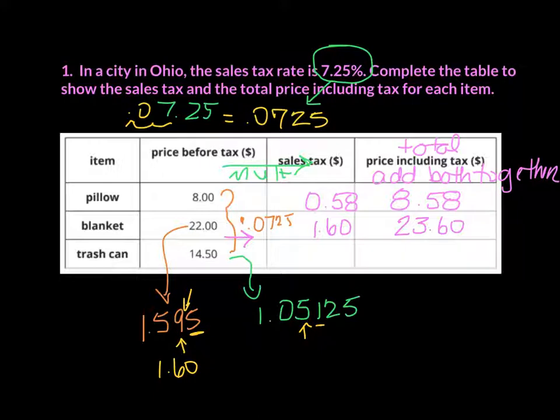We look at the 1. The 1 is less than 5, so therefore we round down, and it becomes $1.51. So the sales tax is $1.51. We add that to the $14.50, and we get $16.01.